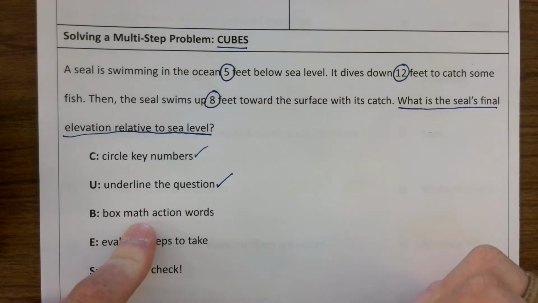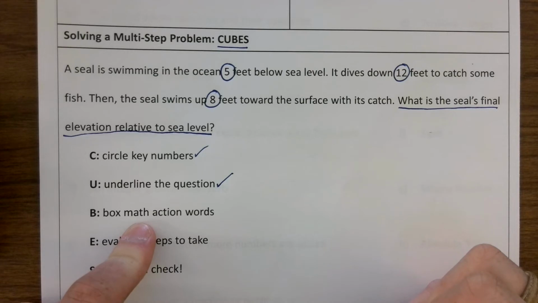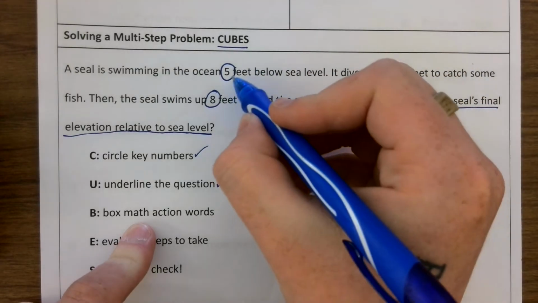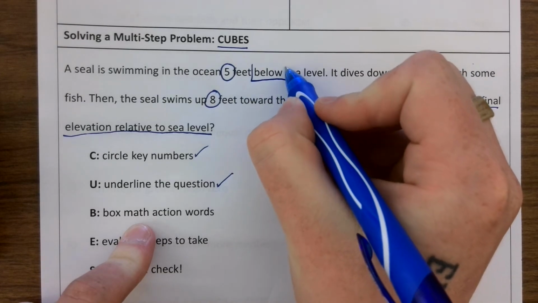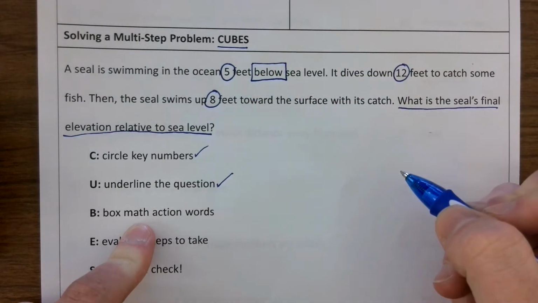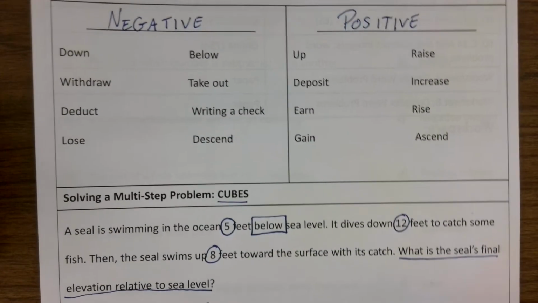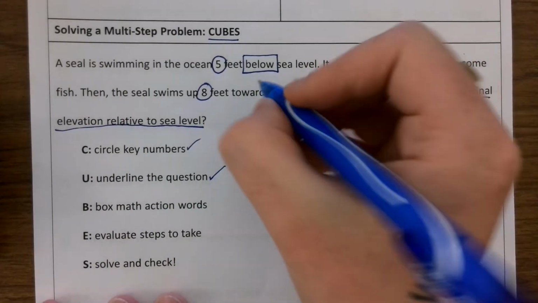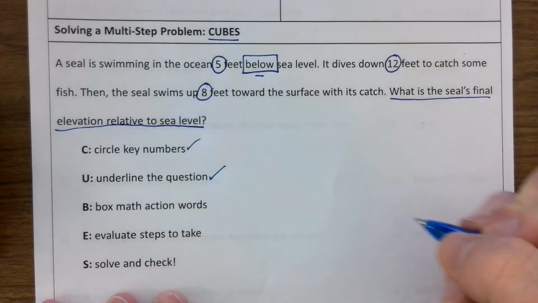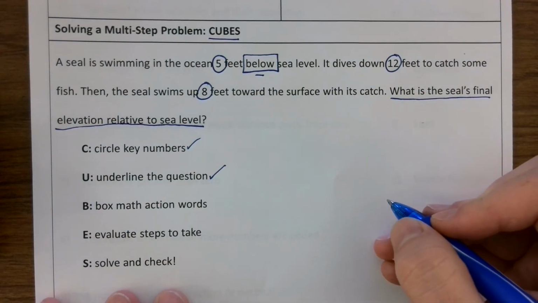We're going to box some math action words. Now, when we see 5 feet, we see the word below. We know that below is in our list of negative words. So I'm going to go ahead and mark that with a minus sign, a negative sign, because that tells us it's a negative number.